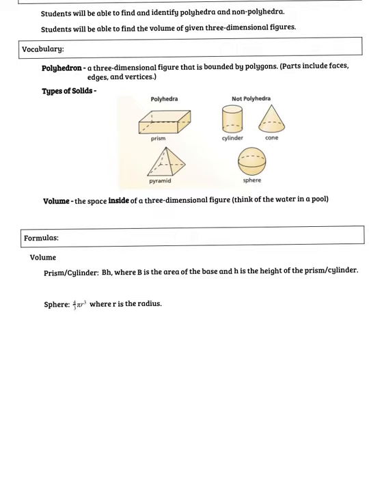And then we have the sphere, whose formula is 4/3 times pi times the radius cubed. Remember, cubing means that we take it and multiply it by itself 3 times. So whatever the radius is, you multiply it by itself 3 times.